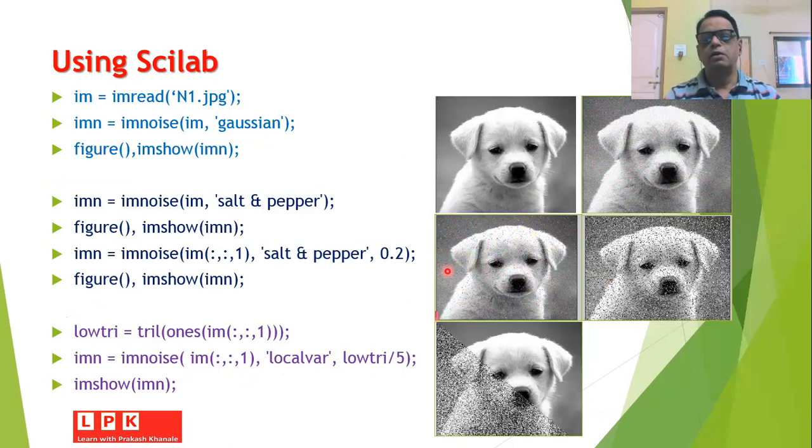If you specify some more parameters for salt and pepper, more noise will be added to the image, as shown in this window. It is also possible to define a specific triangle. For example, if I want to add noise in the lower triangle of the image, I need to write the local variance as shown in these statements, and then you will find that the lower part of the image consists of the noise.